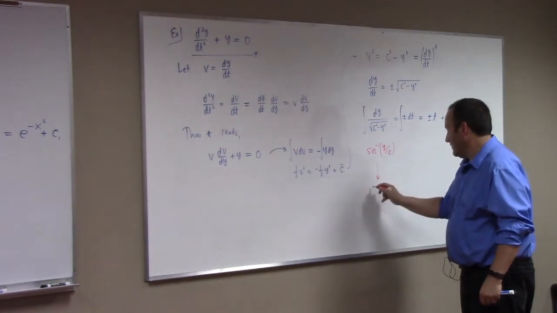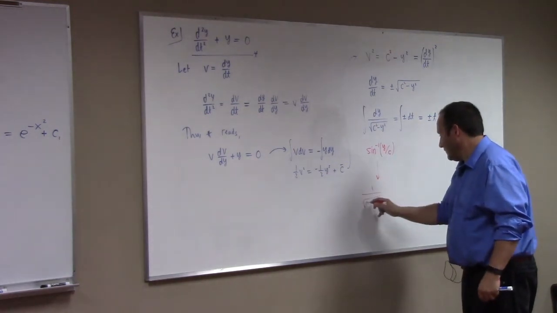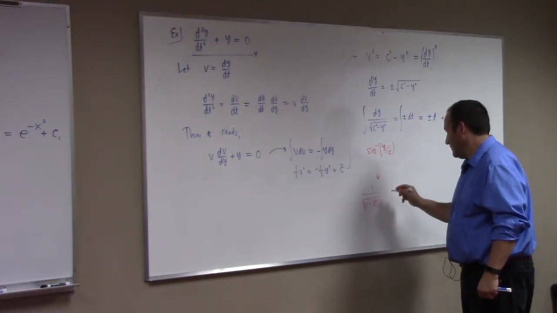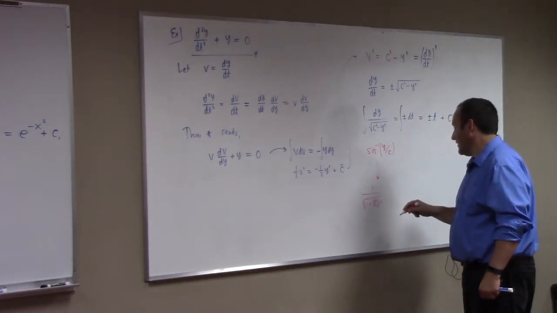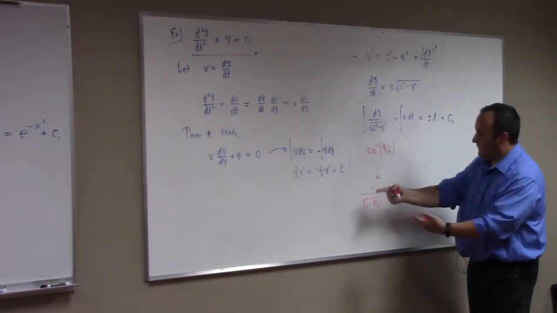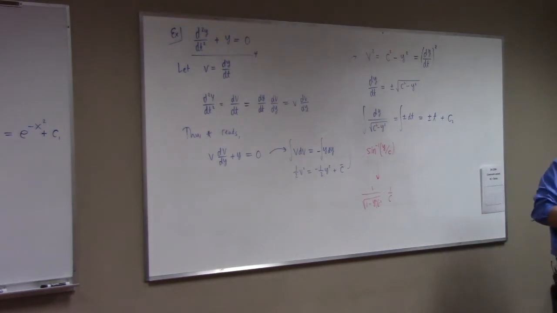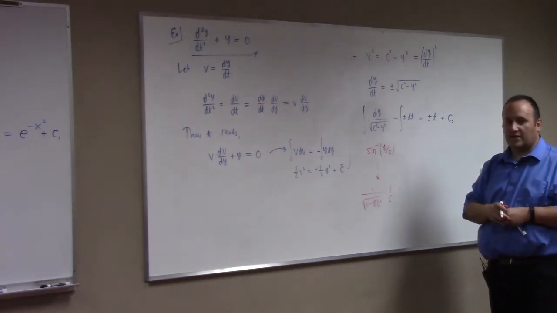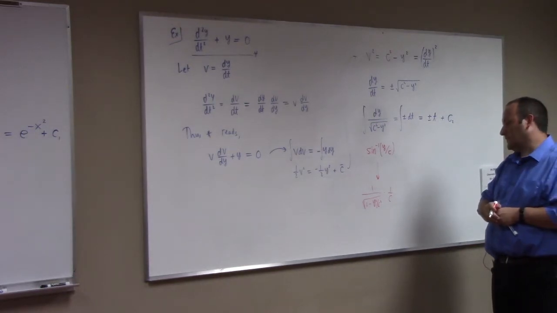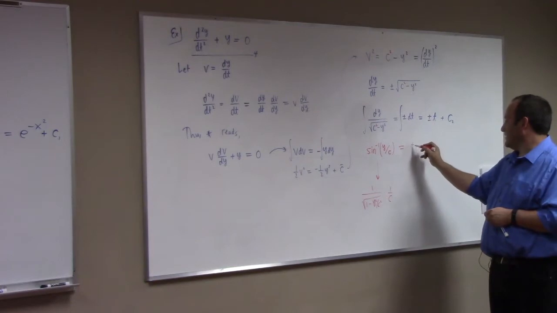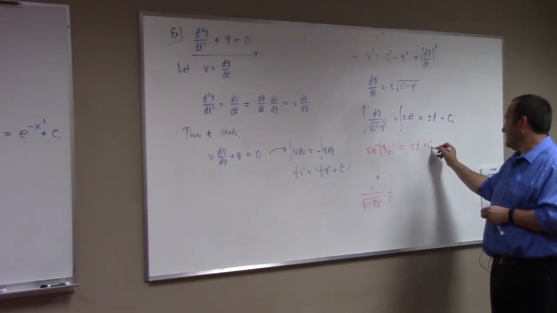That gives me 1 over the square root of 1 minus y squared over c squared, times the derivative of that with respect to y, which would give me 1 over c. When you multiply that 1 over c into the square root, you get back to that. We have a winner. So that's the antiderivative of that integral. It's inverse sine of y over c. And that equals plus or minus t plus c2.